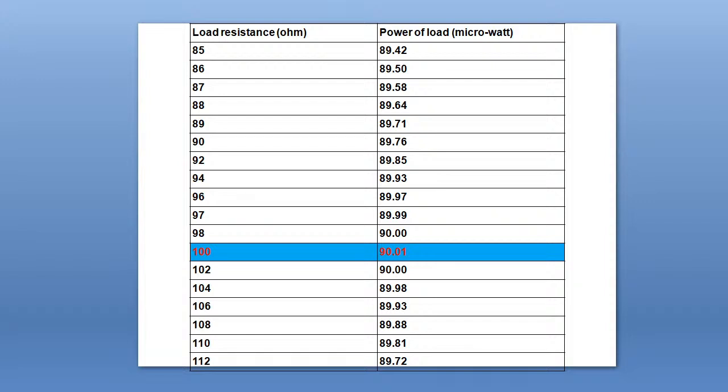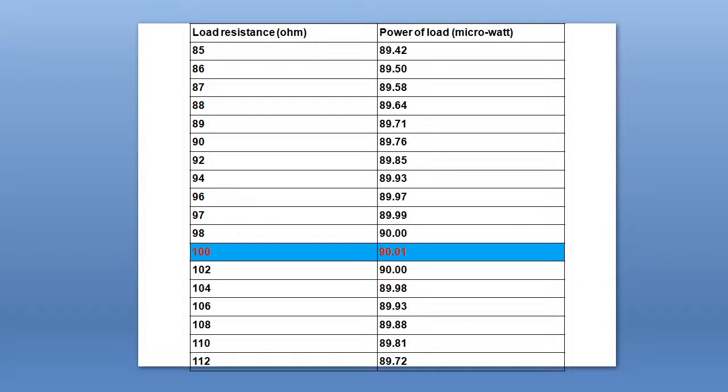You see that when load resistance equals 100 ohm, load power becomes maximum. The maximum load power she obtained was for 100 ohms, because she considered source resistance equal to 100 ohms.